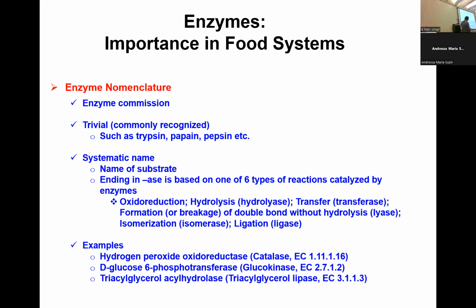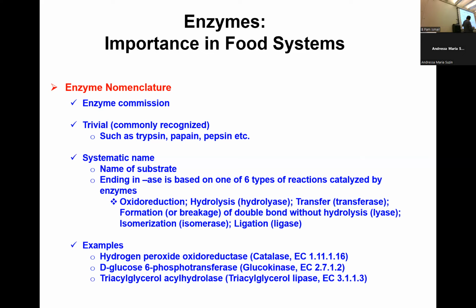These are the examples of using the name of the substrate with the function associated with it. So triacylglycerol acyl hydrolase, meaning it's in short lipase, breaking the lipid and releasing H2O, water. This one is oxidizing, the use of hydrogen peroxide to catalyze an oxidation reaction.